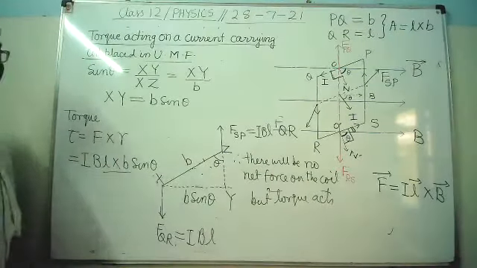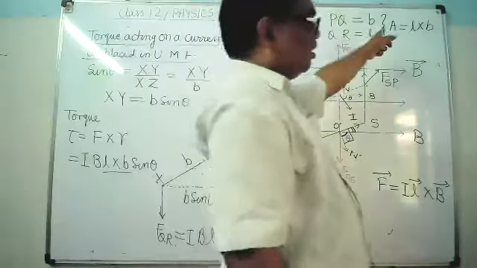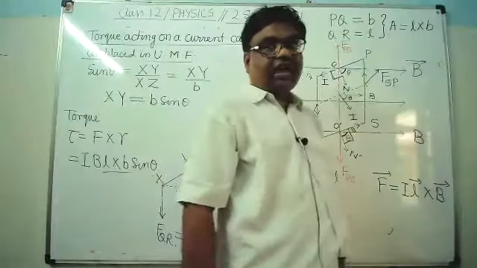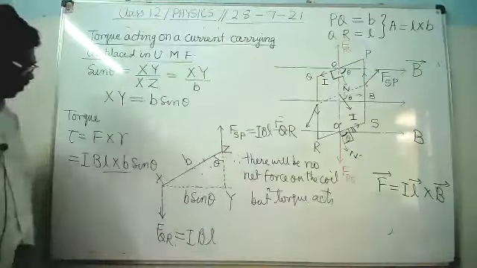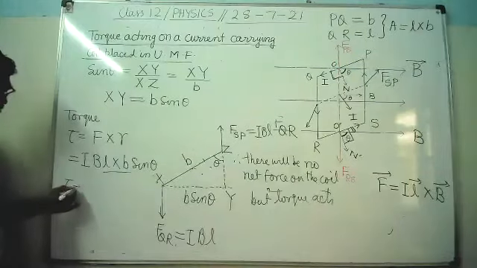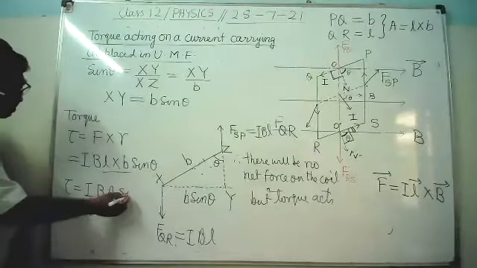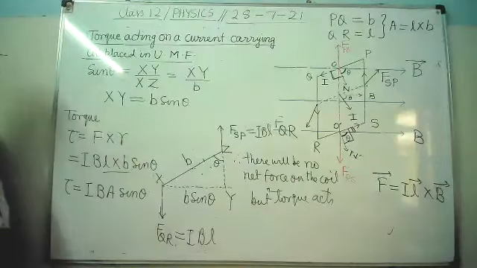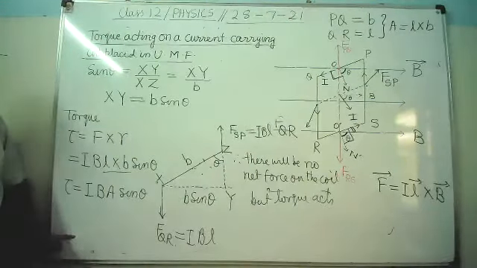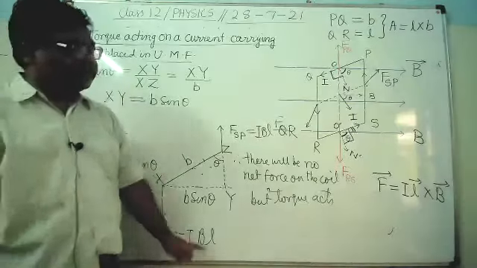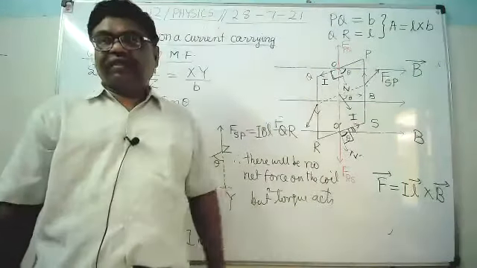Now N into B, we already know that this is the area of the coil. So tau equals IBA sin theta. This is the formula of torque acting on a current carrying coil having one turn.